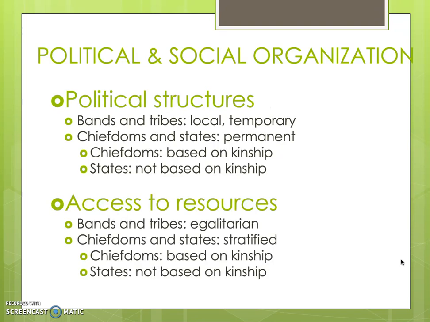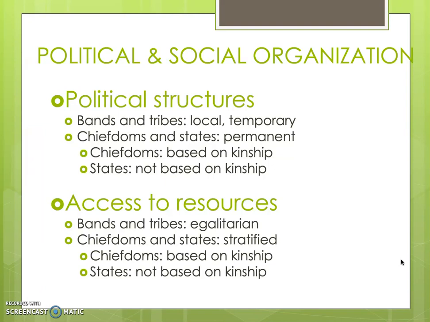When it comes to access to resources, we see again bands and tribes are pretty egalitarian. For example, among the Ju/'hoansi, there's no real inequality between generations or between men and women because everyone is so highly interdependent, and because there's little property to fight over. So we see societies at this level illustrating egalitarian social relationships.